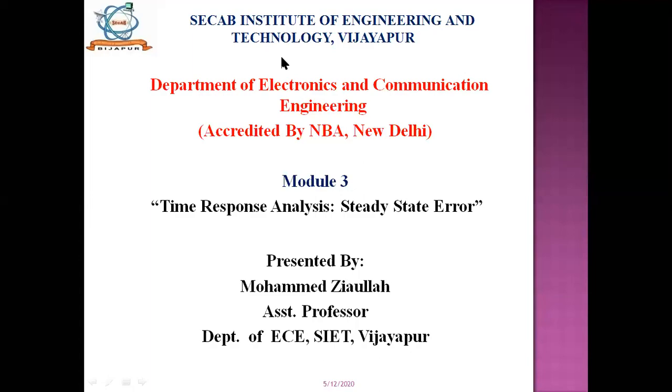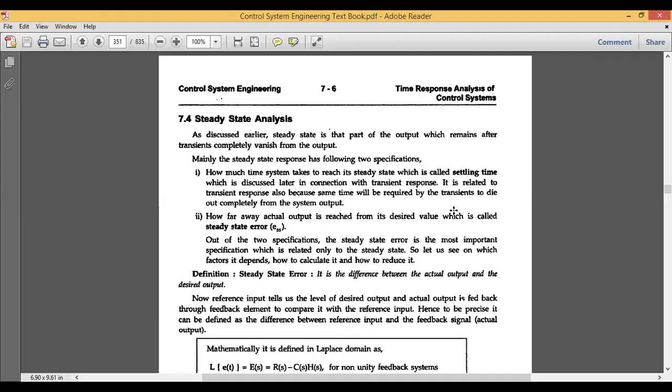Today we'll go to steady state analysis and analyze the five different signals we saw yesterday: step, ramp, parabolic, sinusoidal and impulse signals. So today we'll go with another type of analysis, steady state analysis.